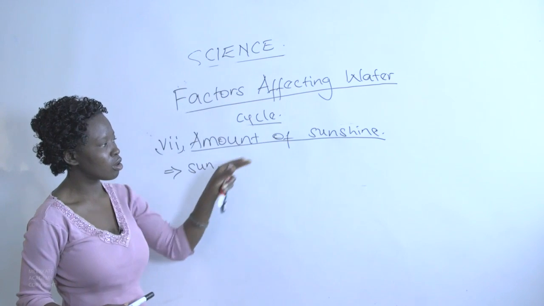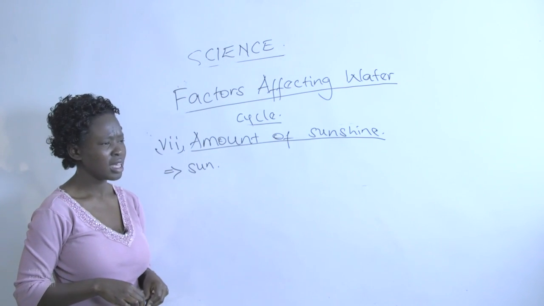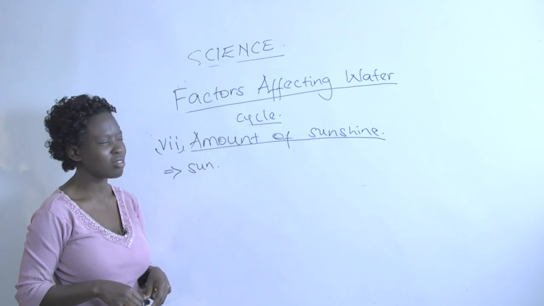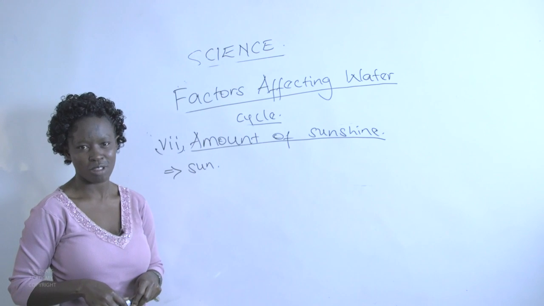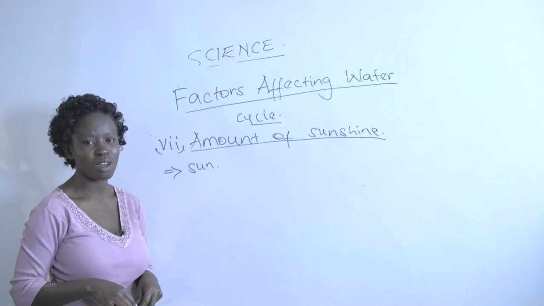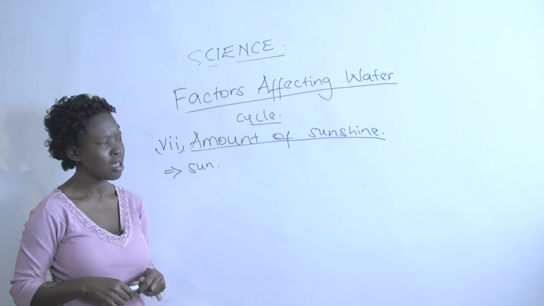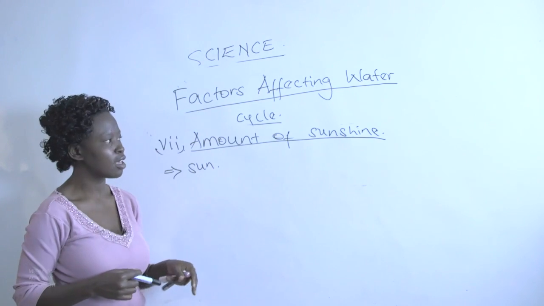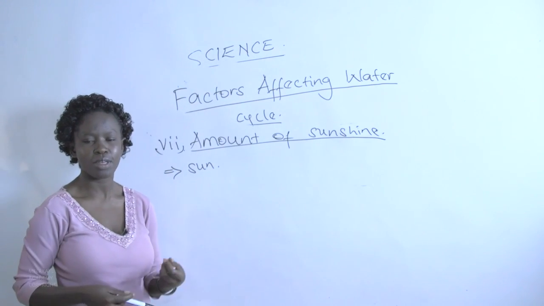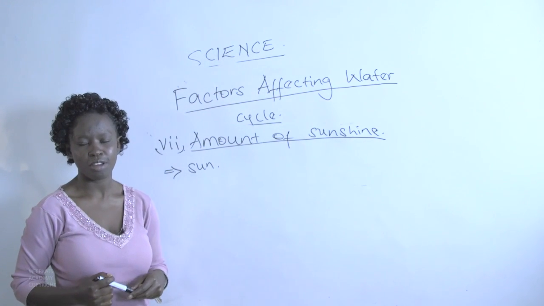So as we conclude on the water cycle, it is important to ask: is there any importance? Is there any need for this water to undergo all these processes? And we find that it is very important for the water cycle process to take place. Why? Because the water cycle ensures that there is a continuous supply of moisture in the atmosphere.